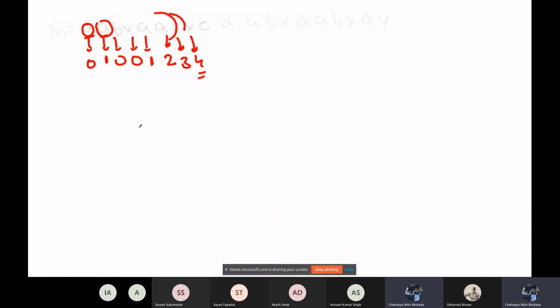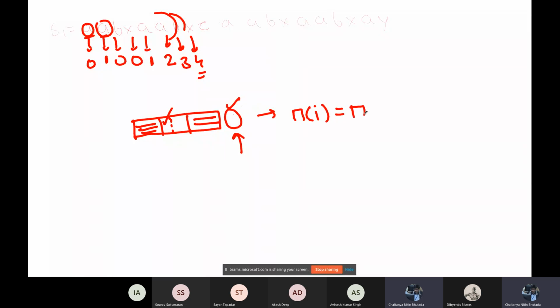Suppose this suffix and this suffix match. Now we need to calculate the value of pi here. So we first check if this and this match. If it matches, the value of pi[i] will be pi[i-1] plus 1 directly.